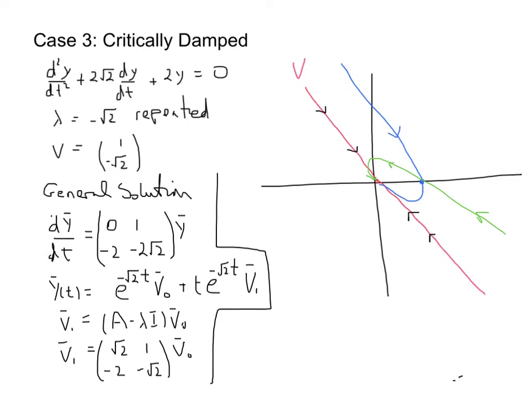The way we resolve it is we take our matrix 0, 1, minus 2 root 2, multiply it by 1, 0, and if the answer is going to be the blue line, at this point I expect to see a negative y value.